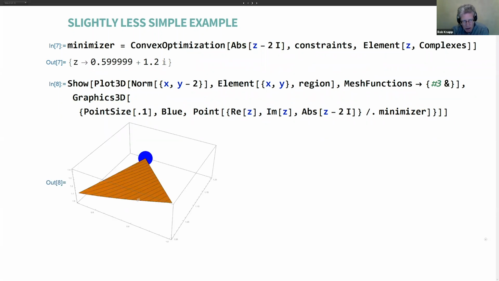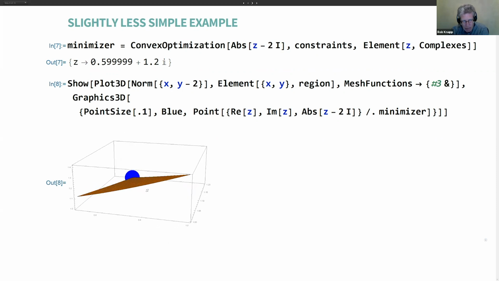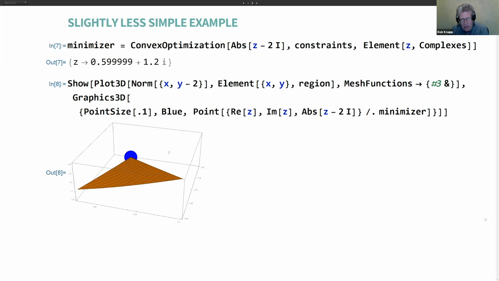Now it's a little hard to see from this, but the absolute value of z is actually the modulus, which is the square root of the real component squared plus the imaginary component squared. So it's not actually a linear constraint anymore. This has to be solved using convex methods that handle what are called norm cone constraints.